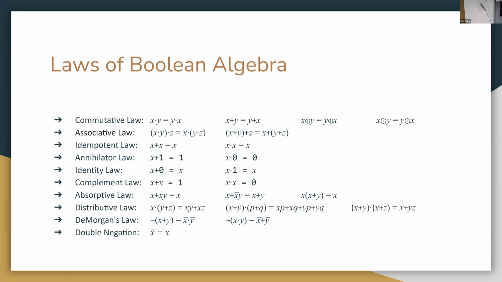And then the identity law, these two laws kind of complement each other, right? And the complement law is also a way to simplify things. Let's say X or not X, that's always true.